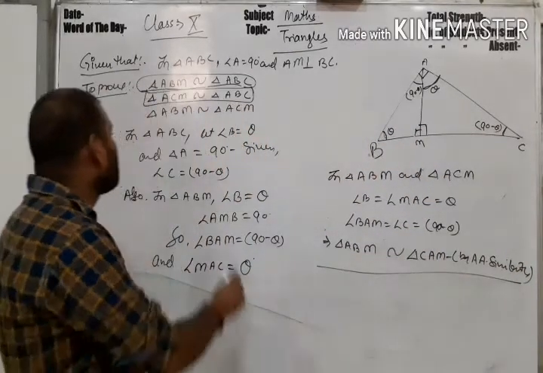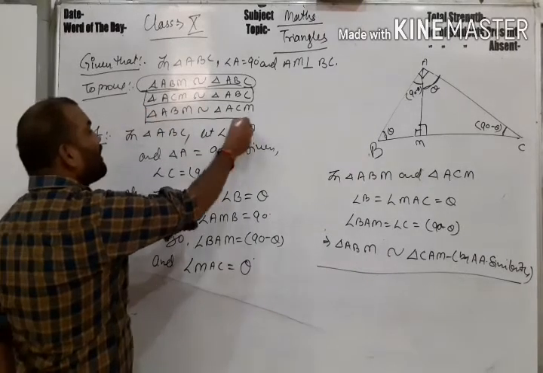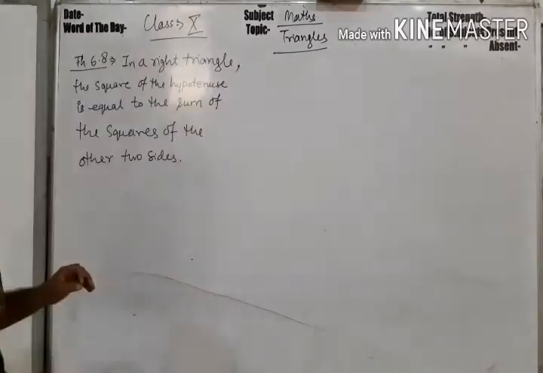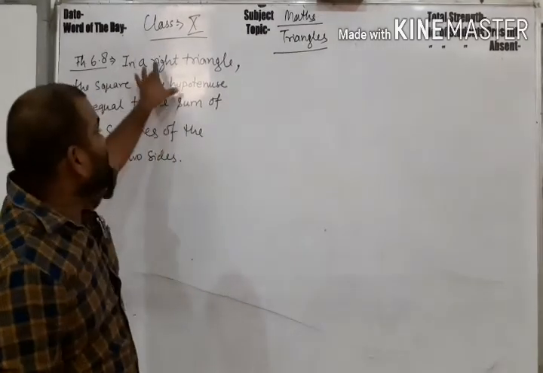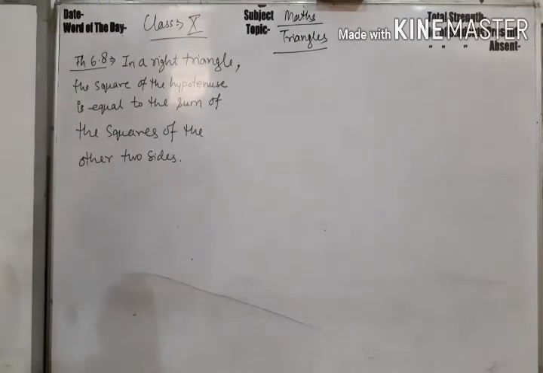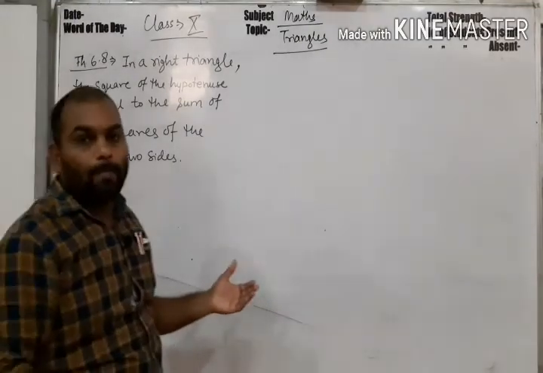So we have proved that both the triangles are similar to each other. Clear? Now let us see the last theorem of this exercise, that is the Pythagoras theorem.